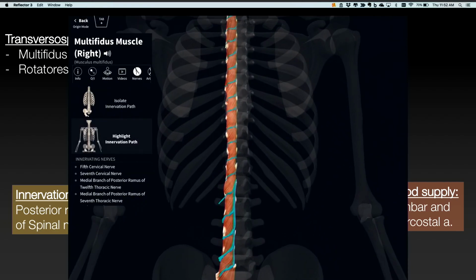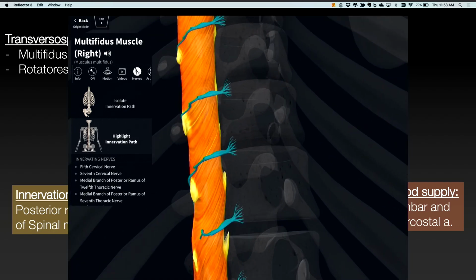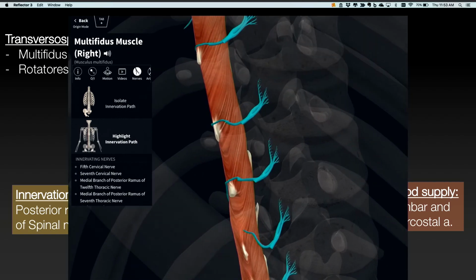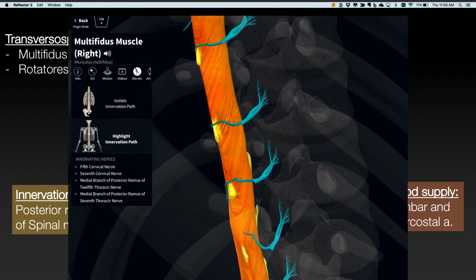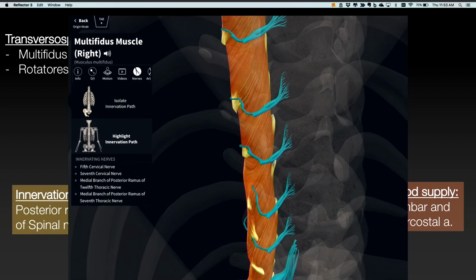They look very similar to what we just saw. Posterior rami, and these ones are right between the transverse processes and the spinous processes. That little hole in the vertebrae, the cup made by those processes, that's where multifidus sits. So you can see the deep branches piercing that muscle right away.